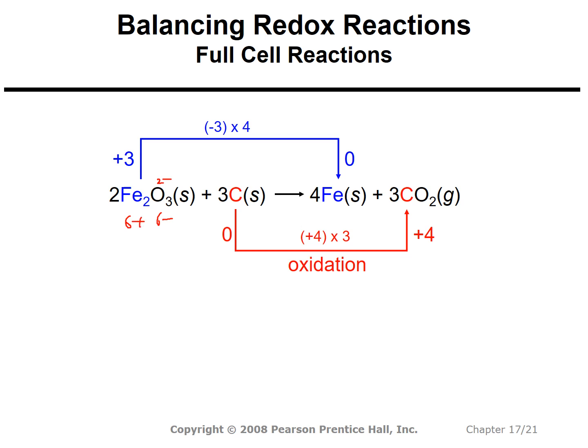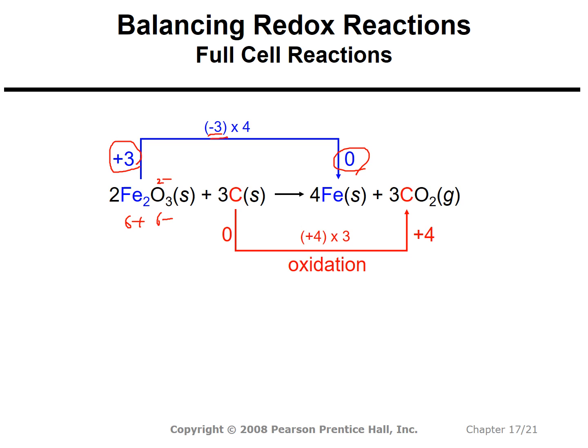Here there are 2 Fe atoms in Fe2O3, so the oxidation number of the Fe atom is plus 3. How about the Fe metal on the right hand side? Of course 0, since this is just the element. So the difference of oxidation number in Fe is -3: 0 minus +3 is -3.